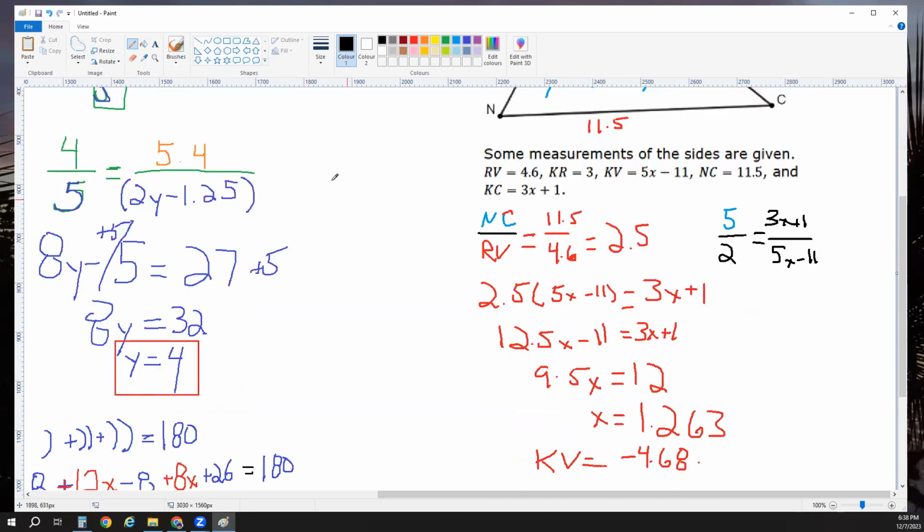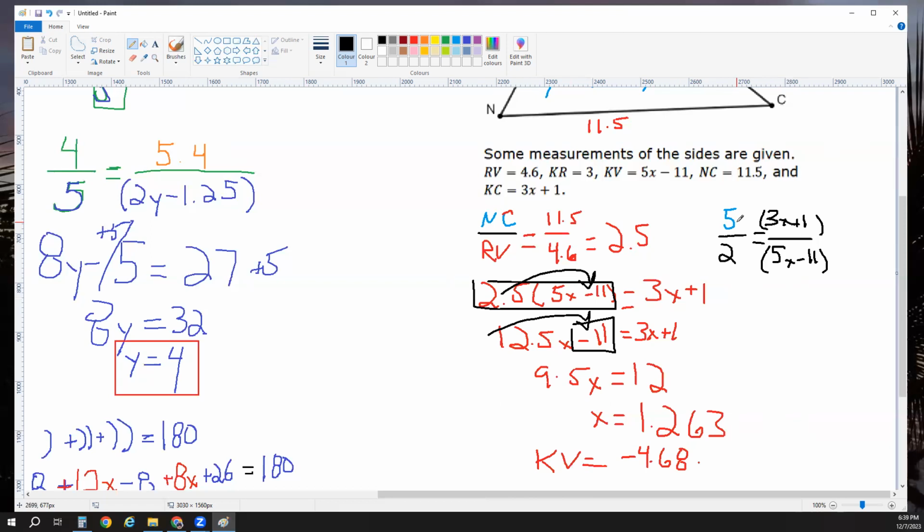Now I'll cross multiply. So to make sure I distribute properly. I also, when I did my math here, didn't multiply this properly. And there you go. Okay.